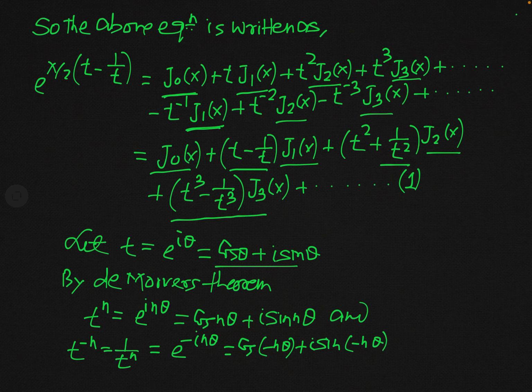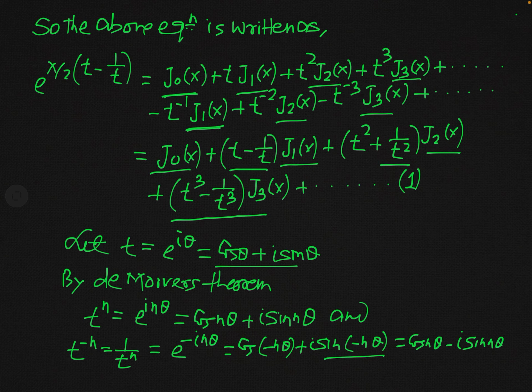But you know cos minus n theta is simply equal to cos n theta, but sin minus n theta is minus sin n theta. So you can write this as minus i sin n theta.